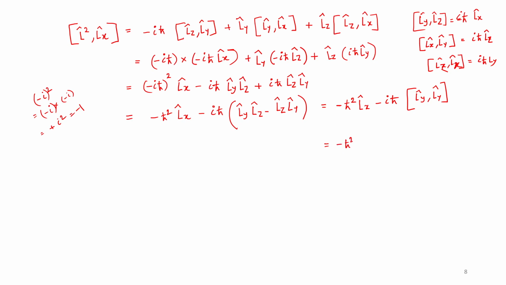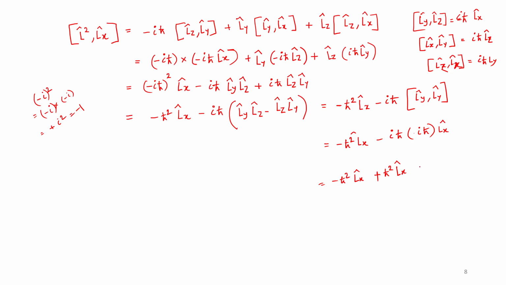So minus ħ square Lx, minus iħ into iħ Lx, right? Let's see what we have here, minus ħ square Lx and here minus i square, which is now plus 1 because it is minus i square ħ square Lx.